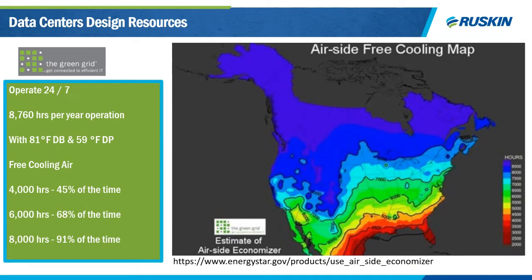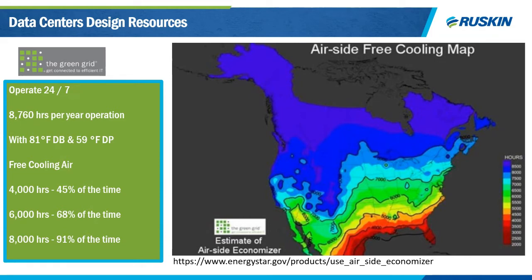And so when that condition is available, anything that's 81, 67 or below. And yeah, you might be using enthalpy and looking at enthalpy and making sure your humidity is right. But let's say we have 81, 67.